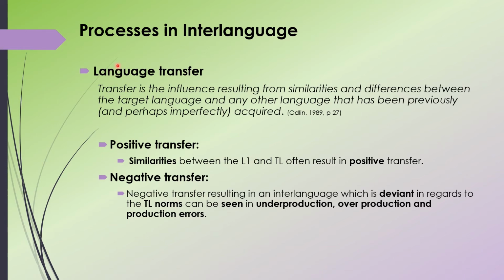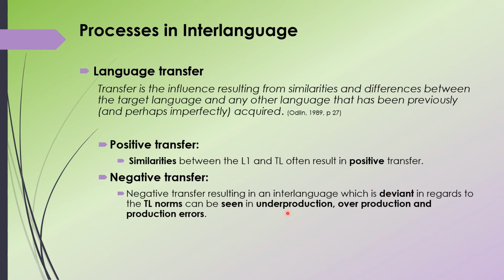I can take the grammatical rules, I can take a sentence structure from L1 to my L2, and that is referred to as language transfer, and that transfer can be positive and negative as well. If the rules and structures which I am transferring from my L1 are the same, then that will be considered positive transfer because it will enhance my learning of the target language.